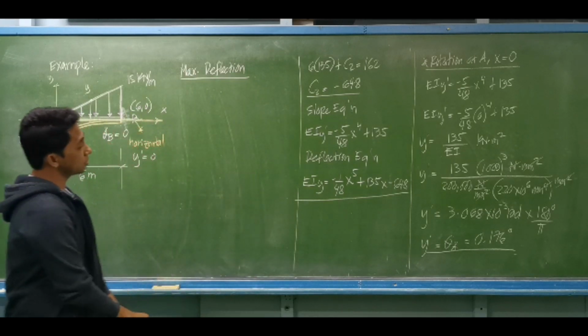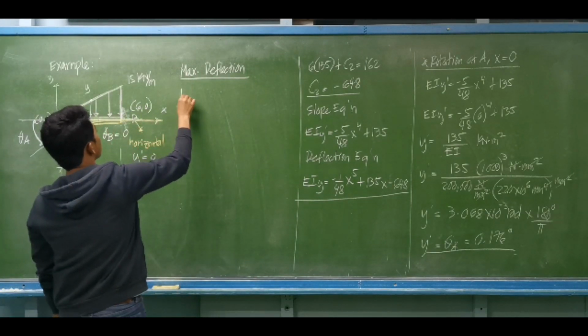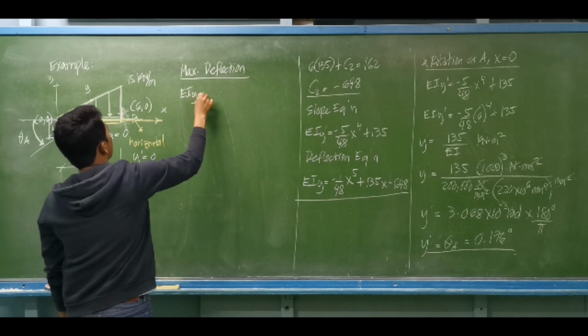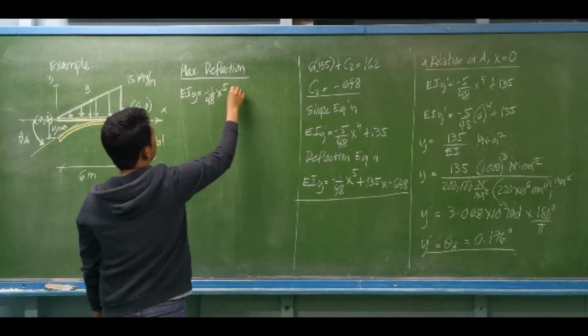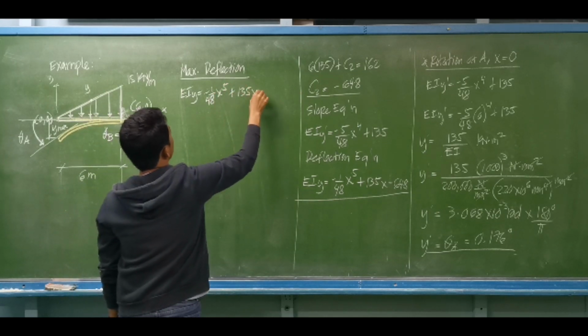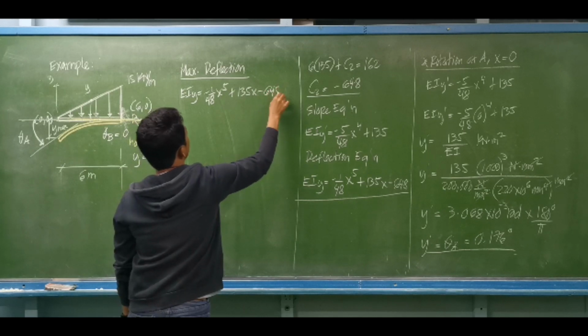For the maximum deflection, what is our deflection equation? This is EIy equal to negative 1 over 48 of x raised to 5 plus 135 of x minus 648.